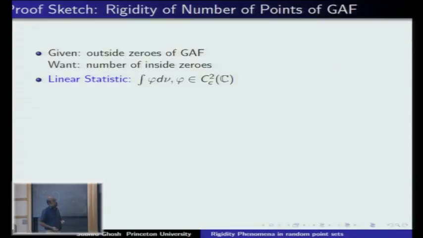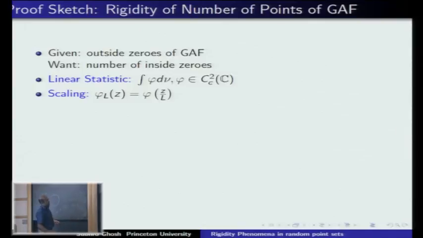The key tool is these linear statistics. Here nu is this random point configuration, so it's a random point measure. We will in fact consider scaled linear statistics.